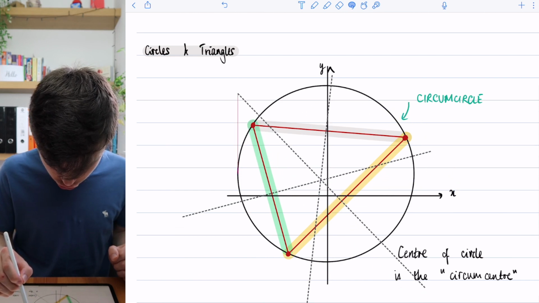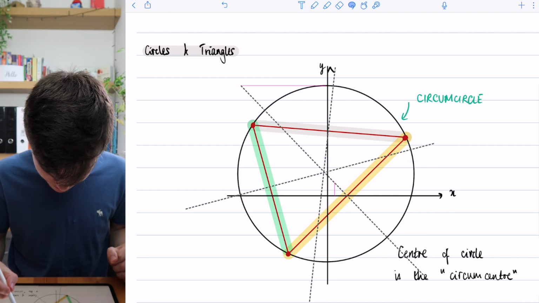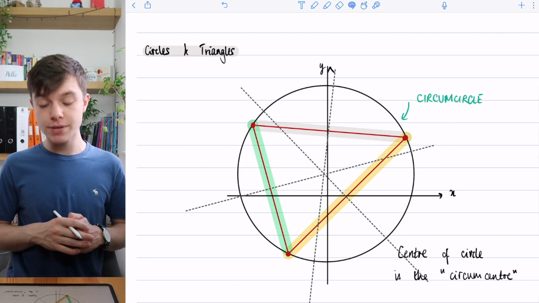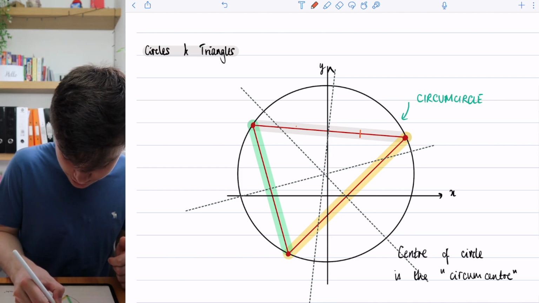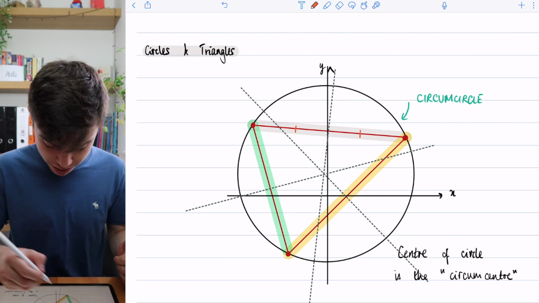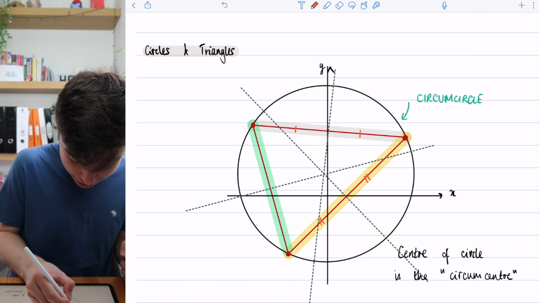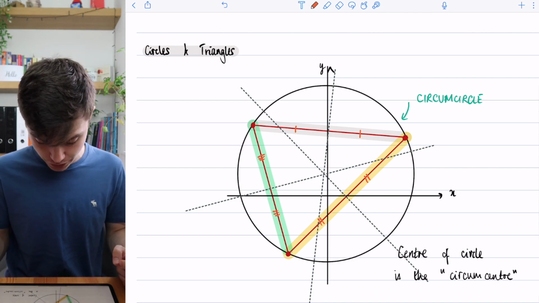Maybe about there, would we say that's a bit better? Yeah, maybe there, okay? Let's say those were the perpendicular bisectors. So what we have now is that line is equal to that line in length. This line is equal to that line in length. And this line, we'll do 3, is equal to that line in length, okay?